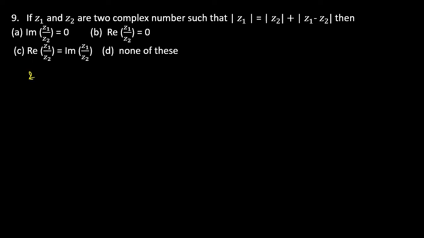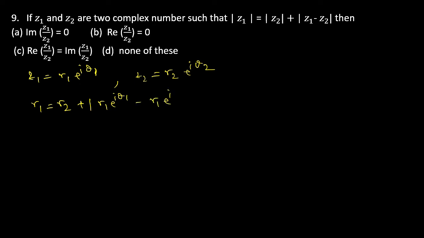Now we can take Z1 as R1 e to the power i theta 1 and Z2 as R2 e to the power i theta 2. If we put there, then we get R1 equal to R2 plus mod of R1 e to the power i theta 1 minus R2 e to the power i theta 2.